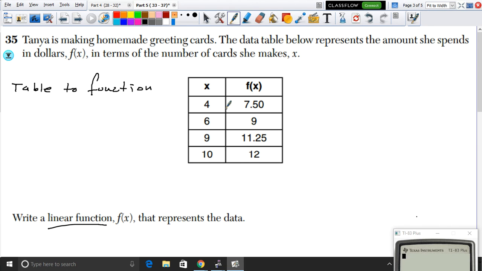They're giving us a table of values and they're asking us to write a linear function. What we will use is something called linear regression.